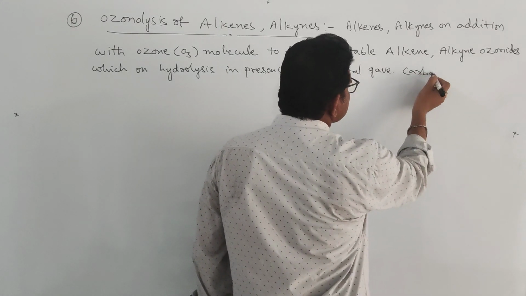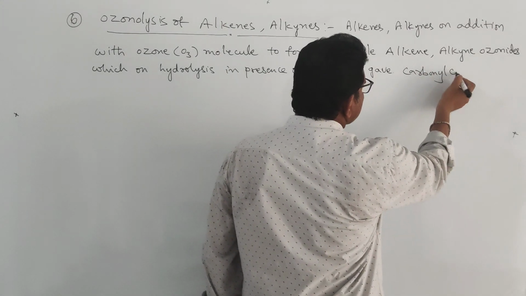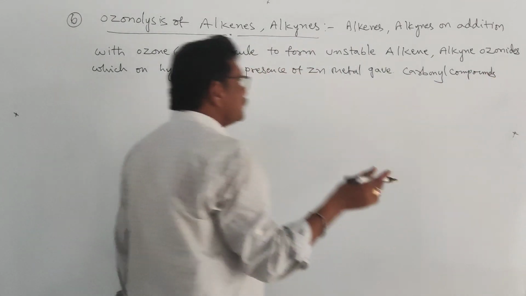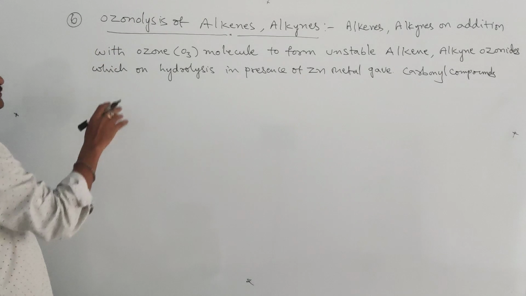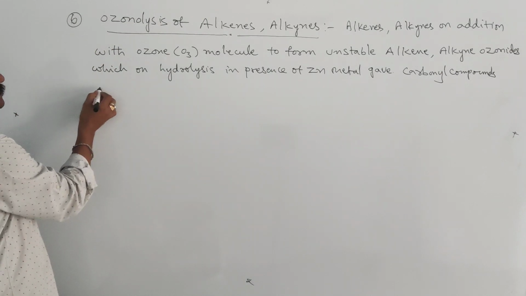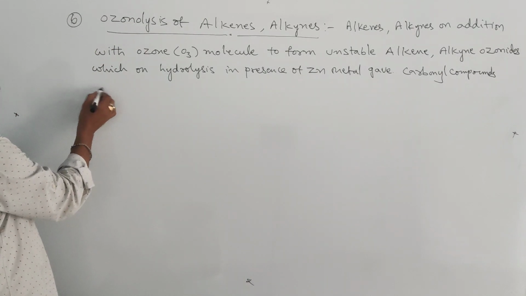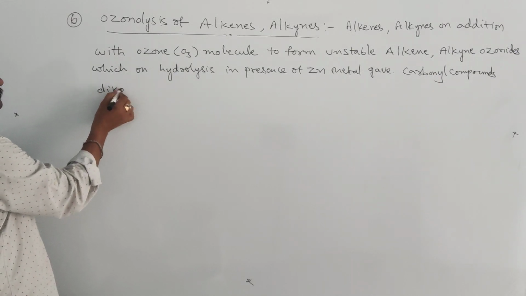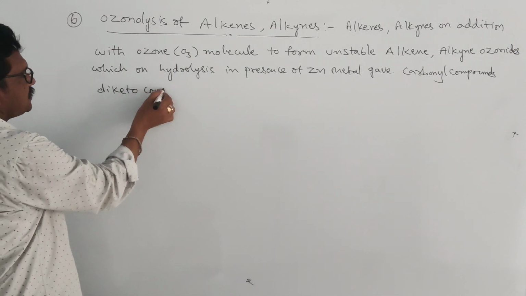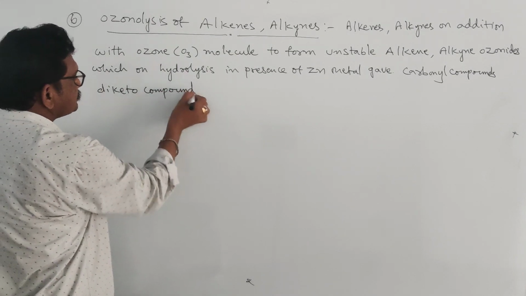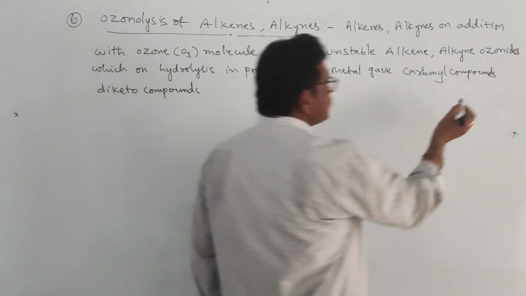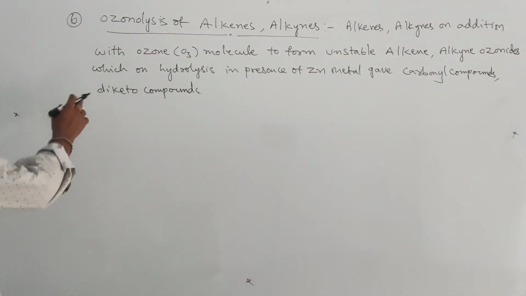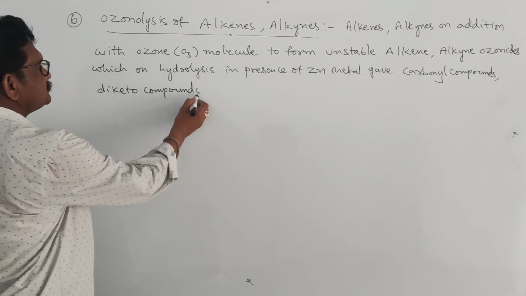If it is alkene, that can give carbonyl compounds. If it is alkyne, that can give diketo compounds. This thing you have to remember. If it is alkene, it produces carbonyl compounds. If it is alkyne, it produces diketo compounds.